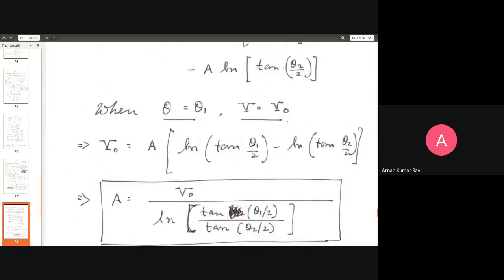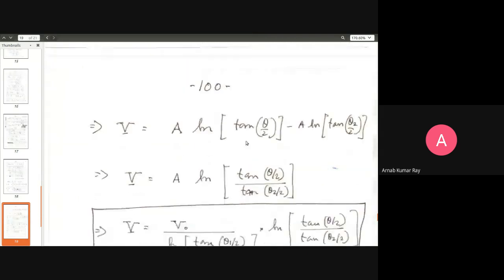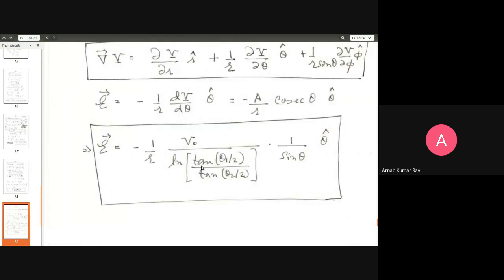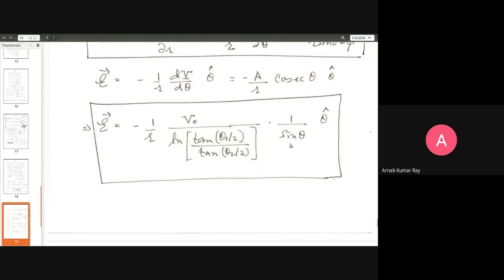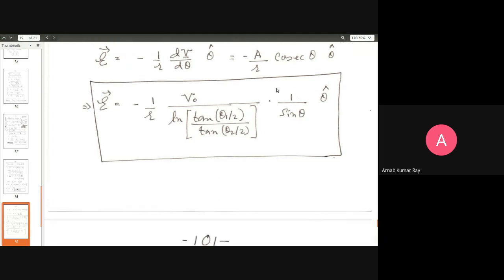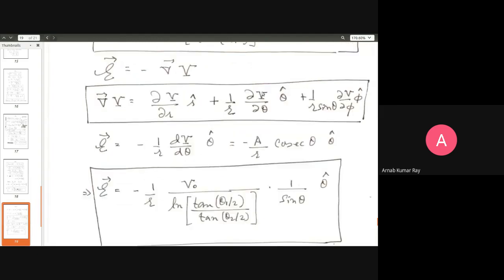But that's how it is. And then we solved for the electric field as well. That goes as 1 upon r sine theta. R can have any general arbitrary value. It is the dependence on theta that matters. So it goes as 1 by sine theta or cosec theta. Anyway, so that was the thing that we did.